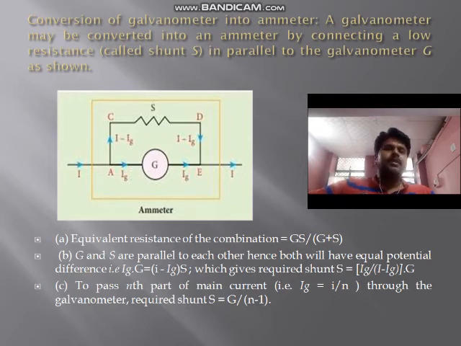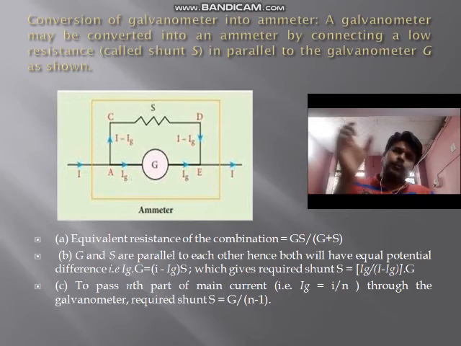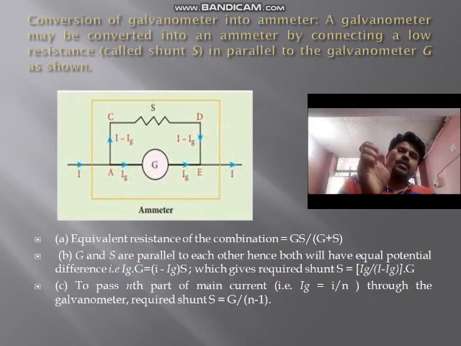As G and S are in parallel with each other, the potential drop across the shunt and galvanometer coil is the same. We can write that Ig times G is the expression of the potential drop across the galvanometer coil using Ohm's law, and the remaining current I minus Ig will pass through the shunt.